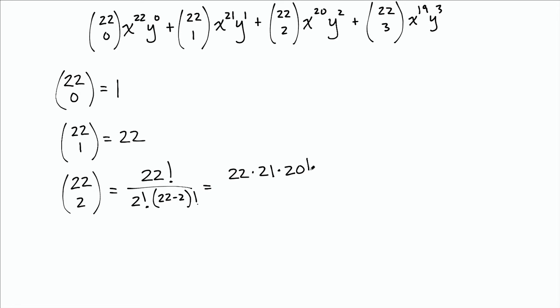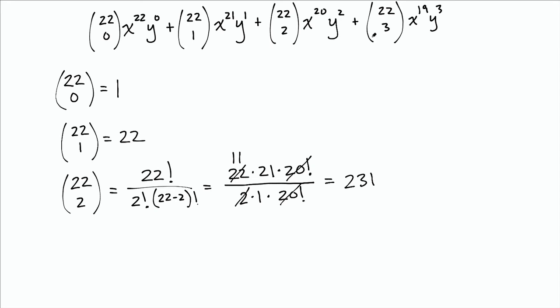So I'm going to stop there. 2 factorial is 2 times 1. And then, of course, 20 factorial. And those factorials cancel. And I could even simplify: 22 over 2 is 11. So now I simply have 11 times 21. And that's going to be my coefficient. That's 231.